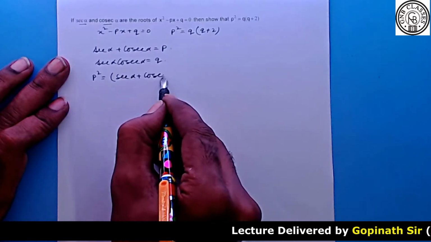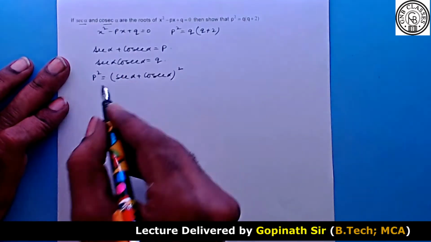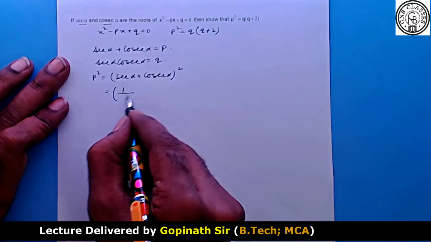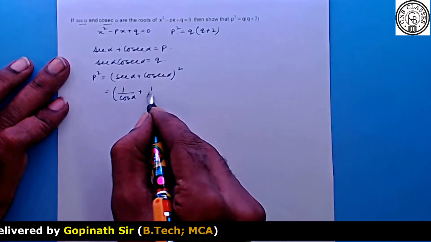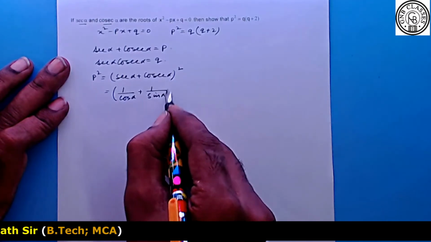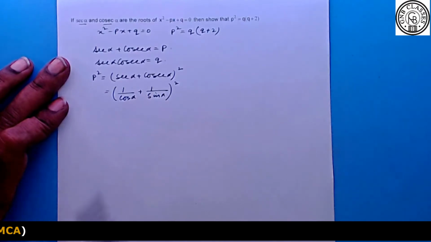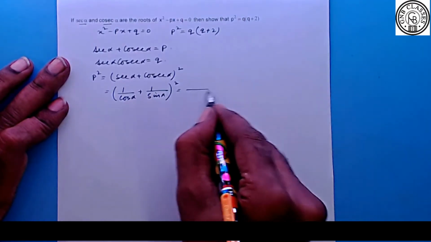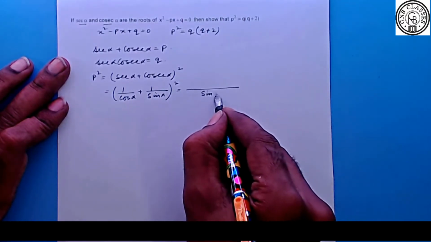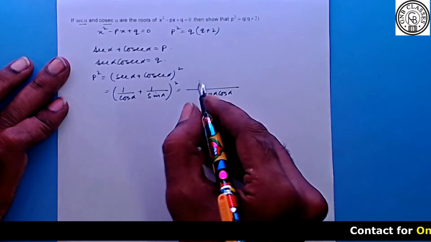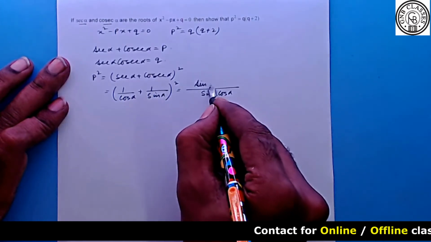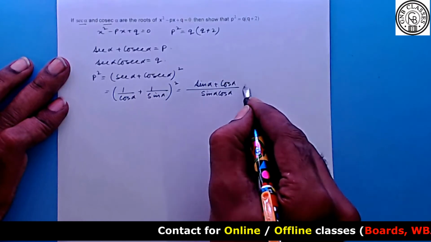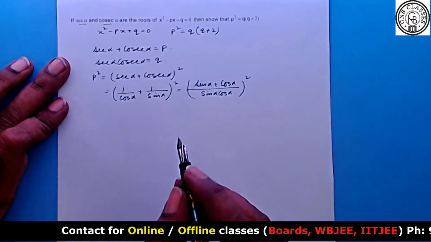Therefore, p² is basically (sec α + cosec α) whole square. So that gives you what? Take the LCM. Is it clear?